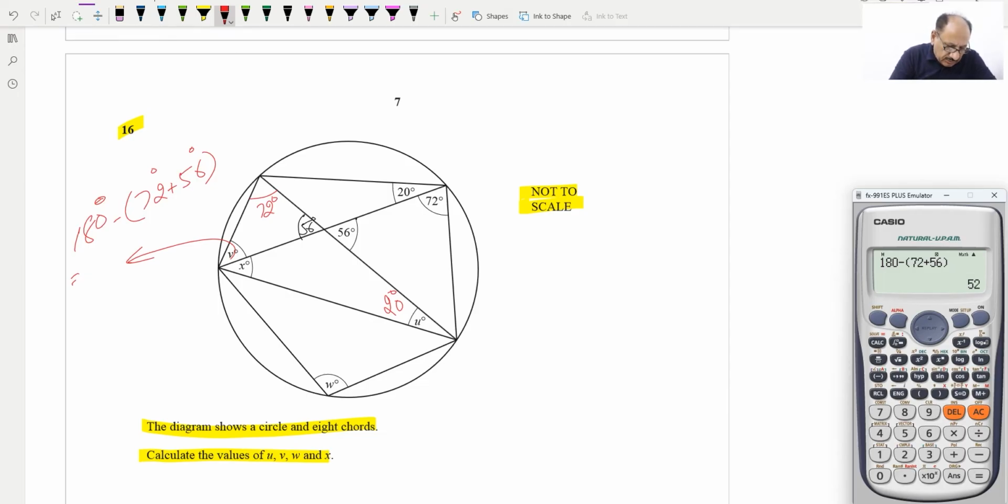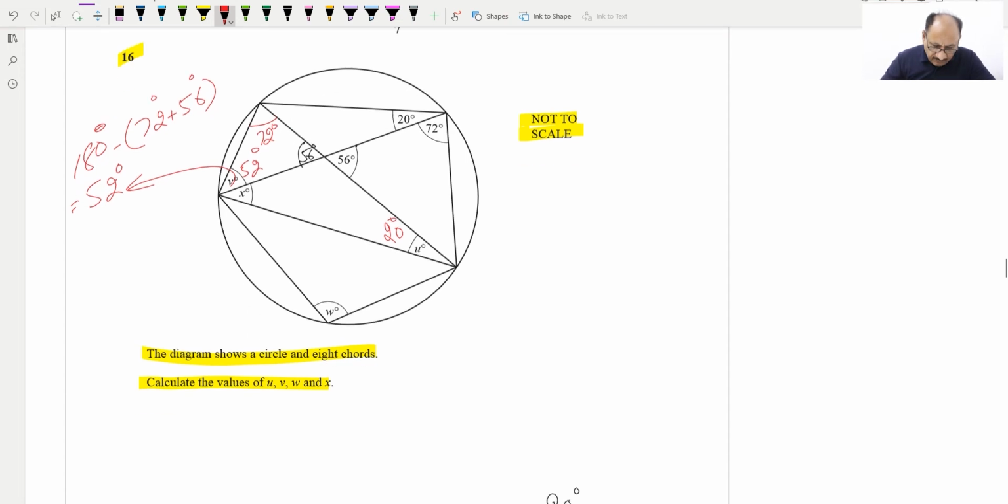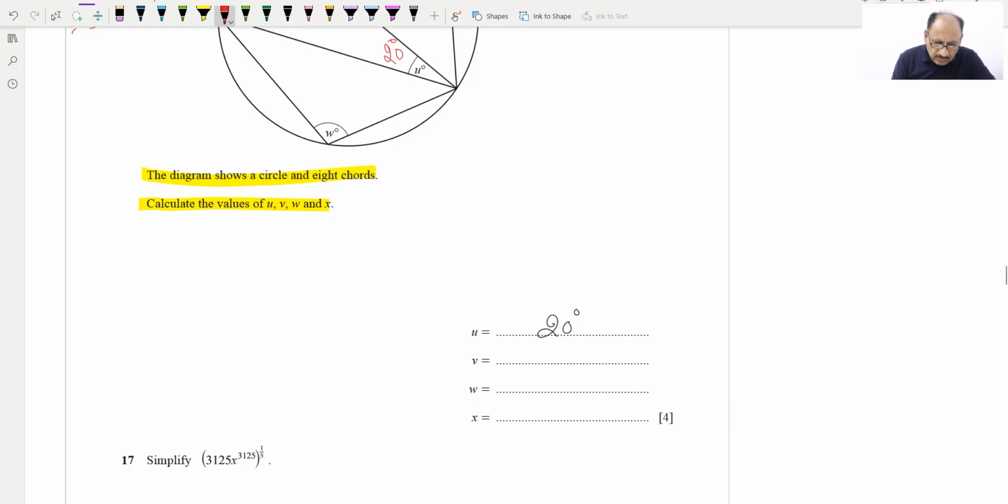So this angle we can mention here 52 degrees. So this v value we got as 52. So I'm writing v value here, which is 52 degrees. So 2 angles we found.